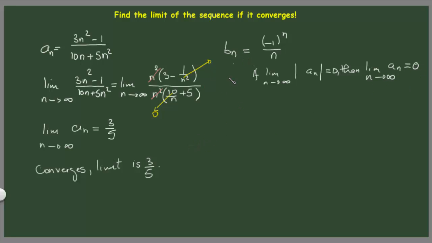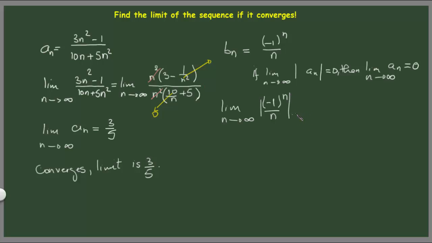So this is what we're going to do here. We take the limit as n approaches infinity of the absolute value of (-1) to the power n divided by n.